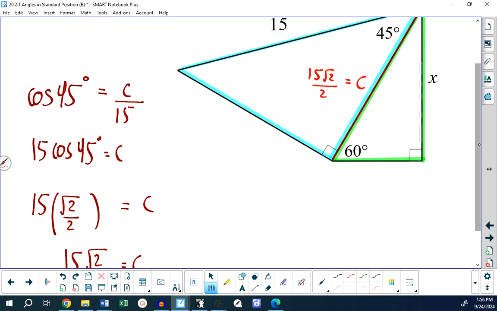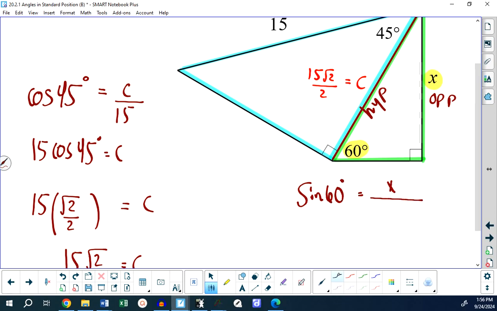X in relation to the 60 degrees, I'll use yellow. This is opposite, and this is the hypotenuse. So now we say, well, sine of 60 degrees is equal to x over 15 root 2 over 2.